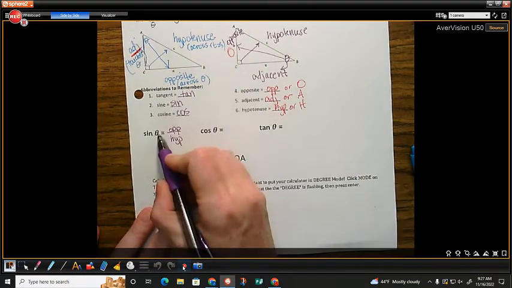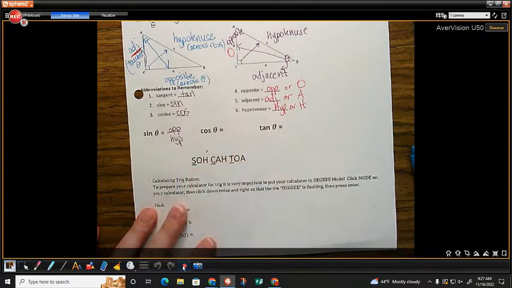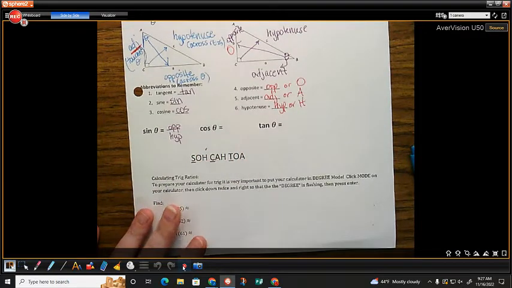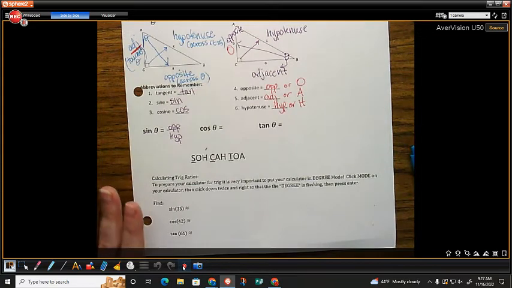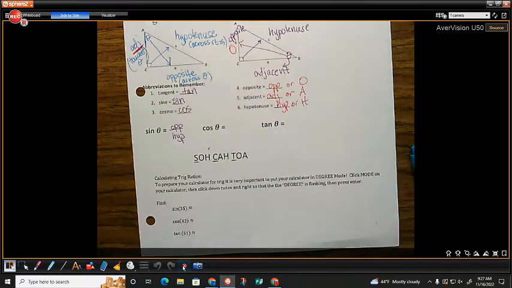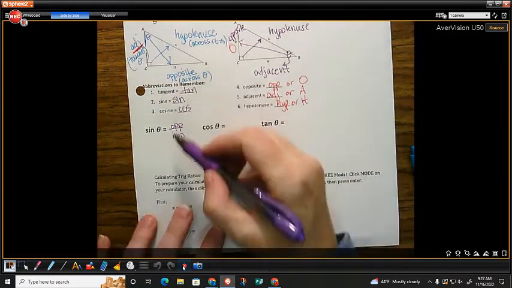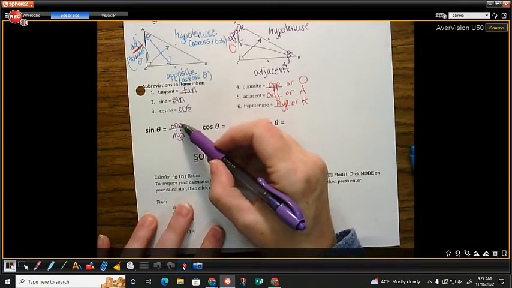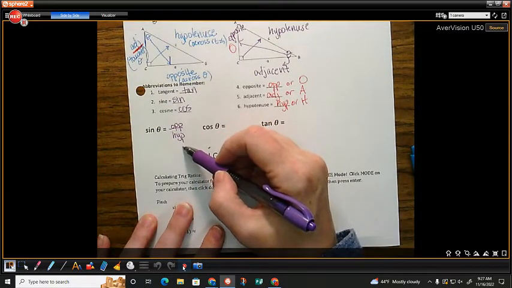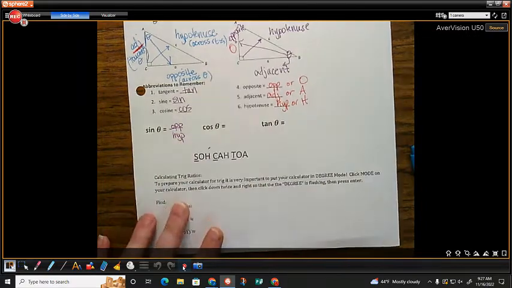If it's a 30, 60, 90 triangle, it could be this big, or it could be the size of the universe. But this ratio of the side opposite compared to the hypotenuse will always be the same amount.